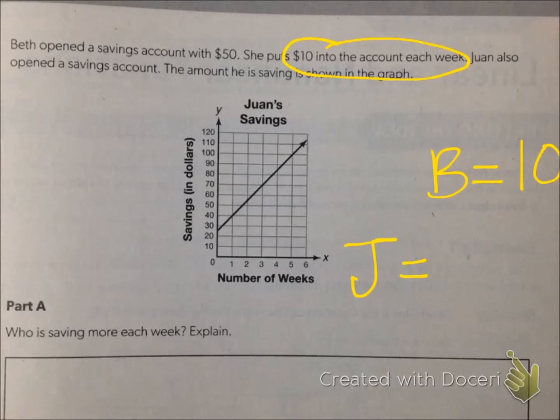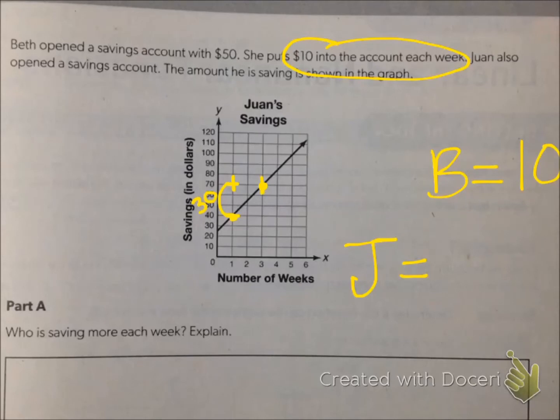For Juan, we're going to have to find the rate of change from his graph. So I'm going to pick this point and this point. And I pick those points because they go right through the grid on our graph. So this one is at 40. This one is at 70. So from 40 up to 70, that's up 30. And then I'm at 1.